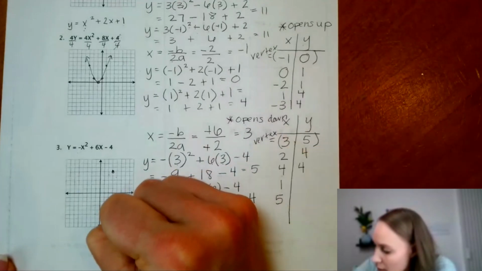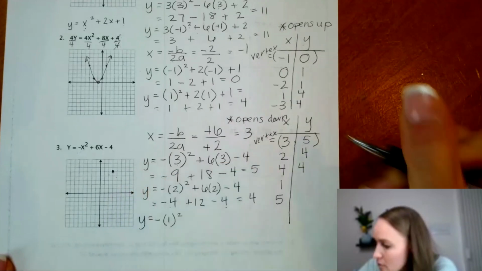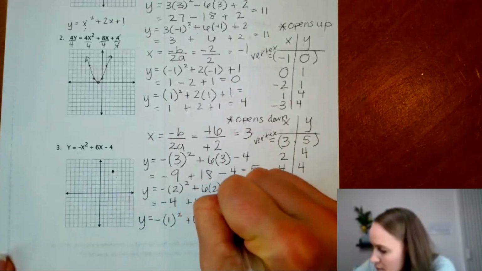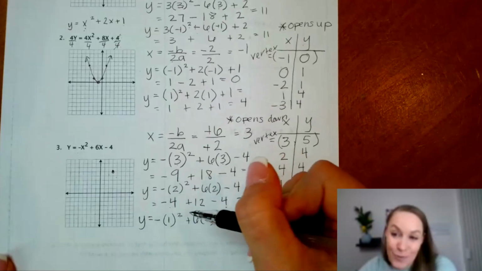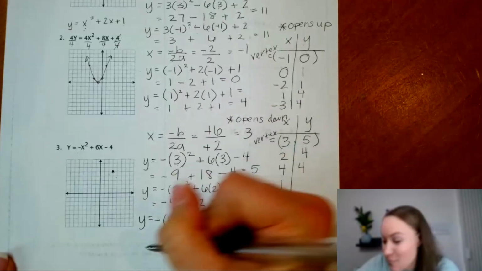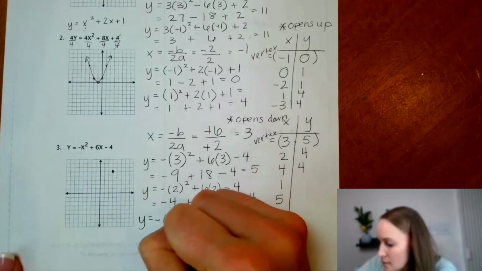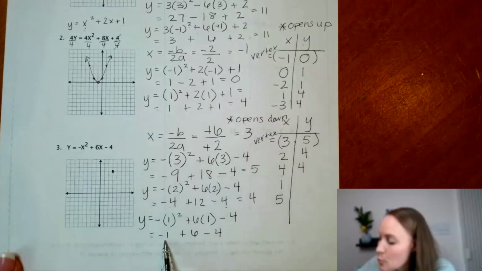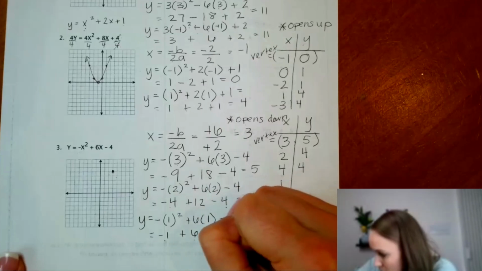Okay, so y equals negative 1 squared, then plus 6 times 1 minus 4. 1 squared is positive 1 times a negative is negative 1. 6 times 1 is 6, and then minus 4. So negative 1 plus 6 is positive 5. 5 minus 4 is positive 1.